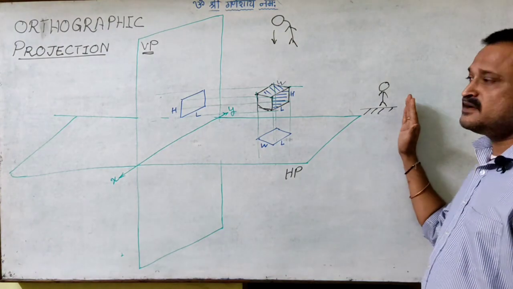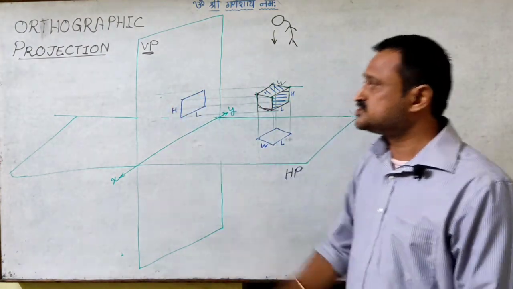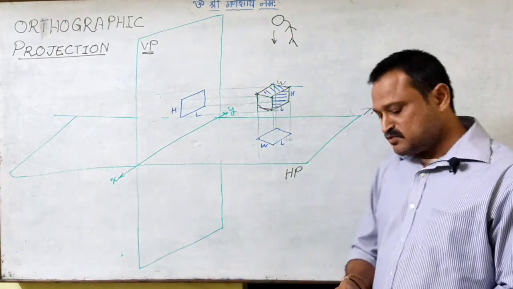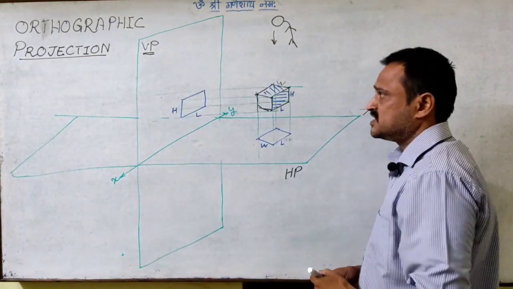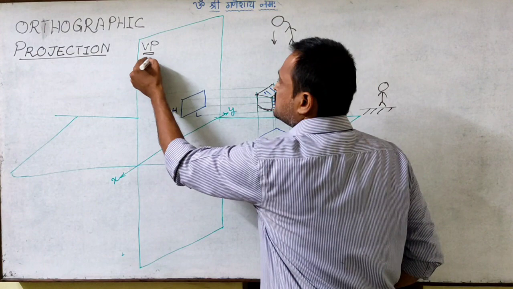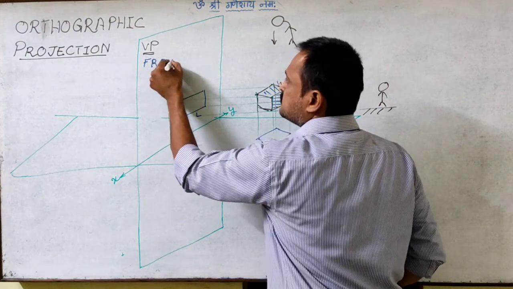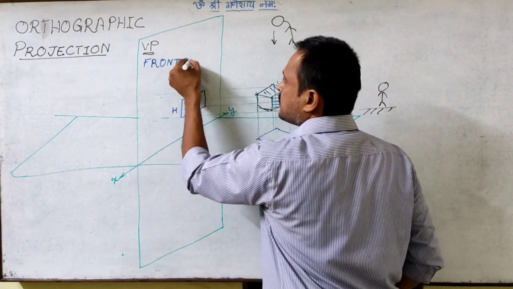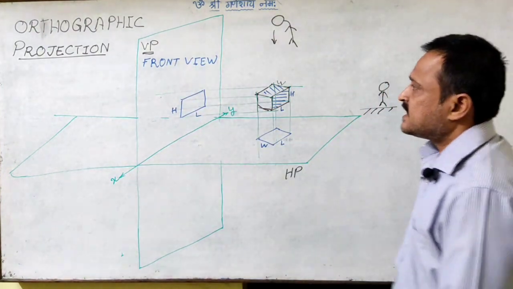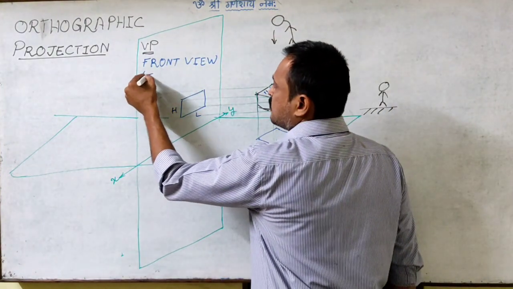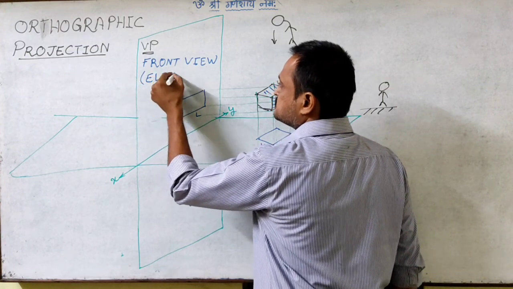So when I am standing in front and looking at the object, I will be getting the front view of the object, and the front view will always be on the vertical plane. This front view is also called the elevation.